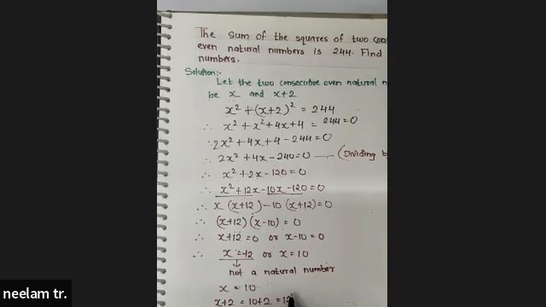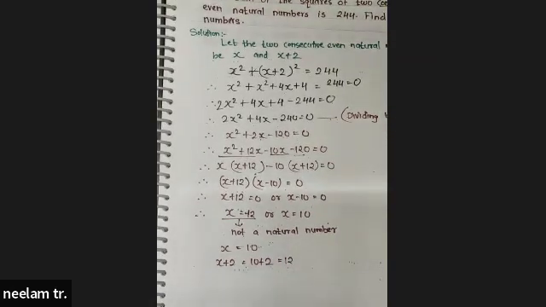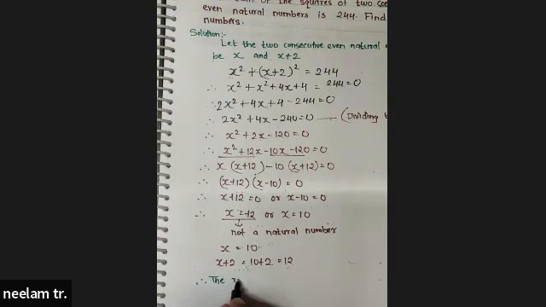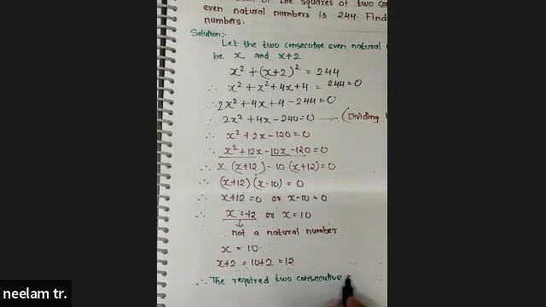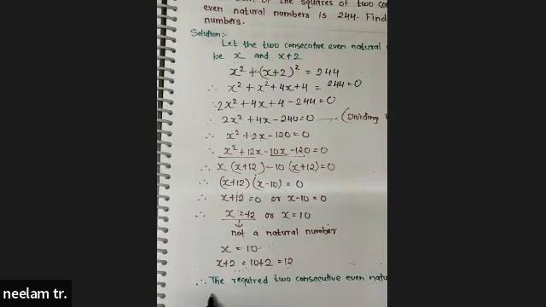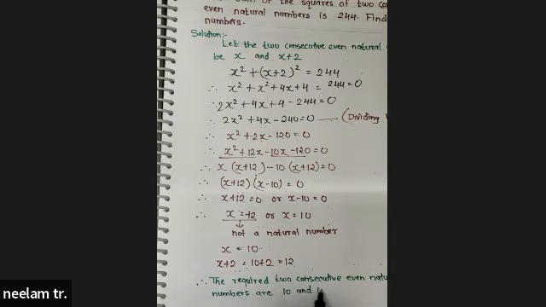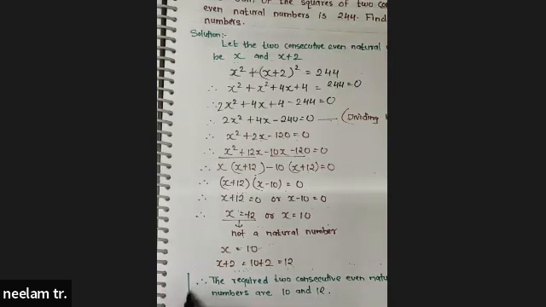So final answer, the required two consecutive even natural numbers are 10 and 12.